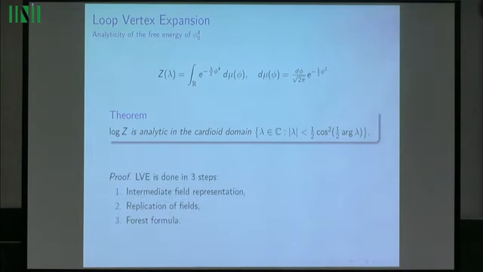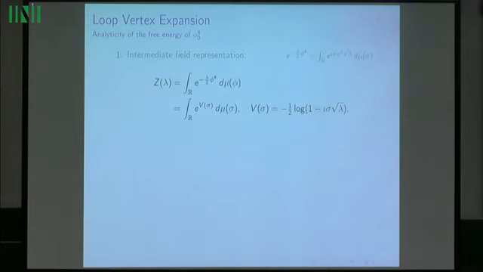I will use loop vertex expansion, and this loop vertex expansion is done in 3 steps. There is first an intermediate field representation, meaning I will change variables here. Then I will do perturbation theory in these new variables and apply a forest formula to each order. Let's see what the intermediate field representation is. It's very simple. It's also called the Hubbard-Stratonovich transformation. It's this identity, this Gaussian integral here.